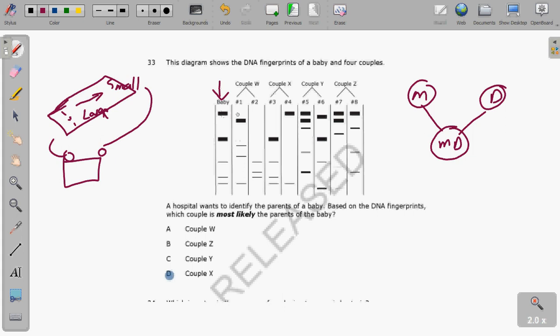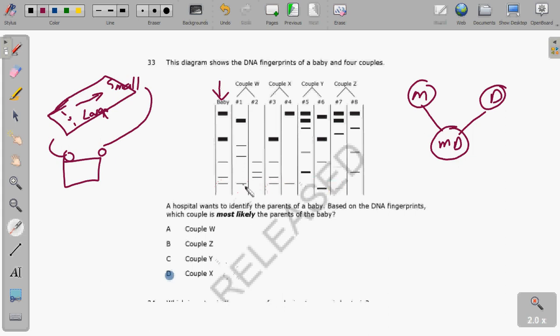If we look at this first block here, it matches with 4, and it matches with 5, and it matches with 7 and 8. This block here matches with 3 and with 6. This matches with 2 and 3 and 6. This one matches with 2, and this one matches with 1 and 3, and I think that's it.